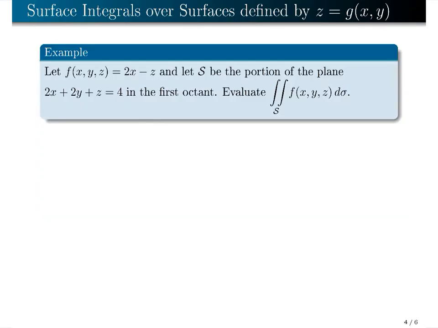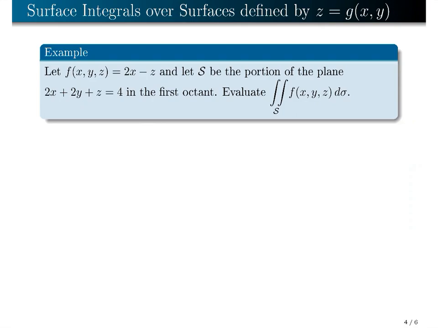For the first example, we are being asked to evaluate the surface integral of f of x, y, z d sigma over S, where f of x, y, z is the function 2x minus z, and S is the portion of the plane 2x plus 2y plus z equals 4 in the first octant. Before we can start, we need to express S in the form z equals g of x, y.